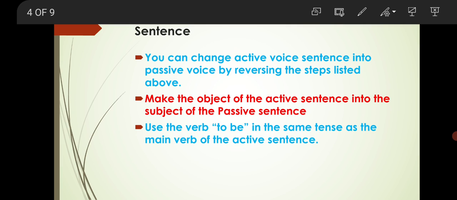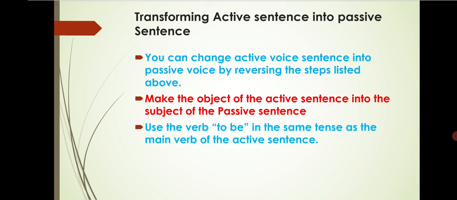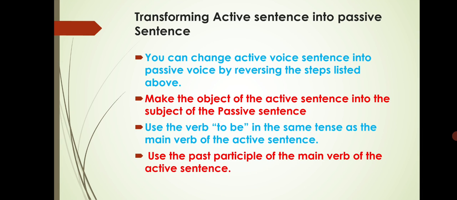Use the verb to be in the same tense as the main verb of the active sentence. Use the past participle of the main verb of the active sentence. For example, all the students are supported by the teachers. Active: the teachers support all the students.